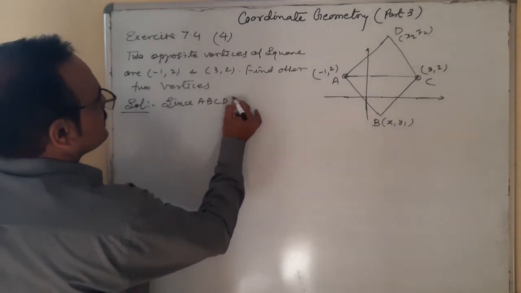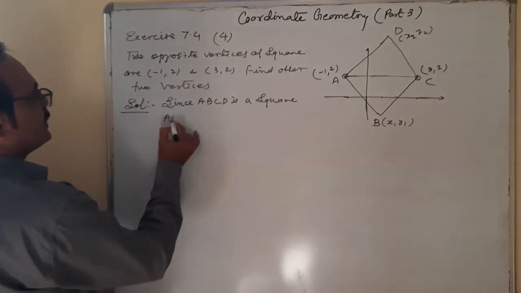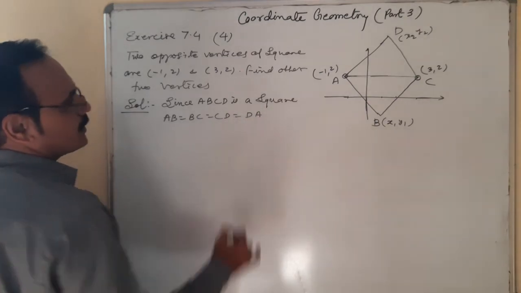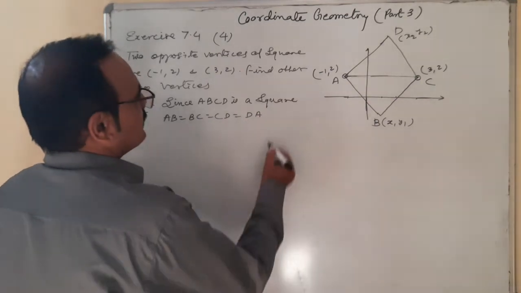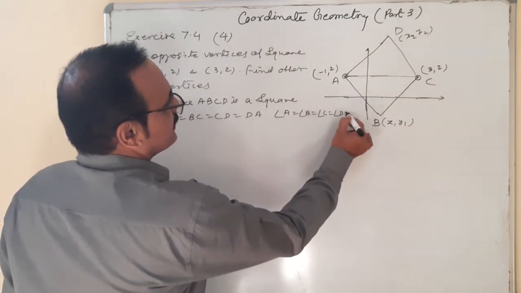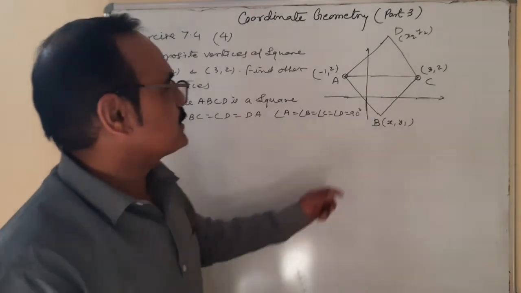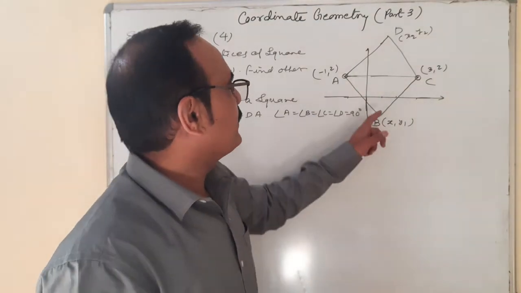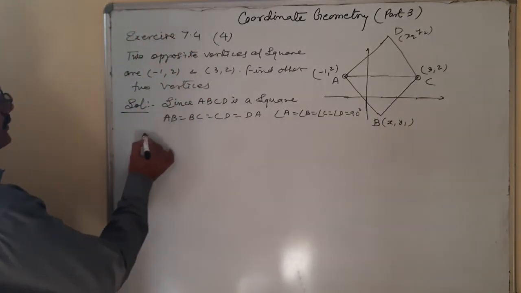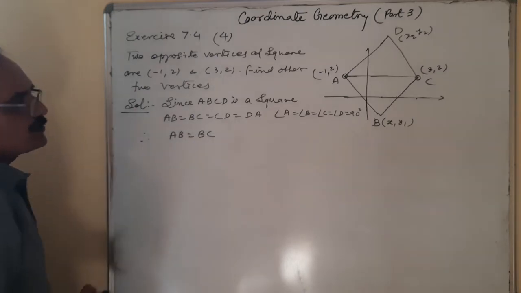Therefore AB is equal to BC is equal to CD is equal to DA, and angle A is equal to angle B is equal to angle C is equal to angle D is equal to 90 degrees. So I am using the distance formula: AB is equal to BC.